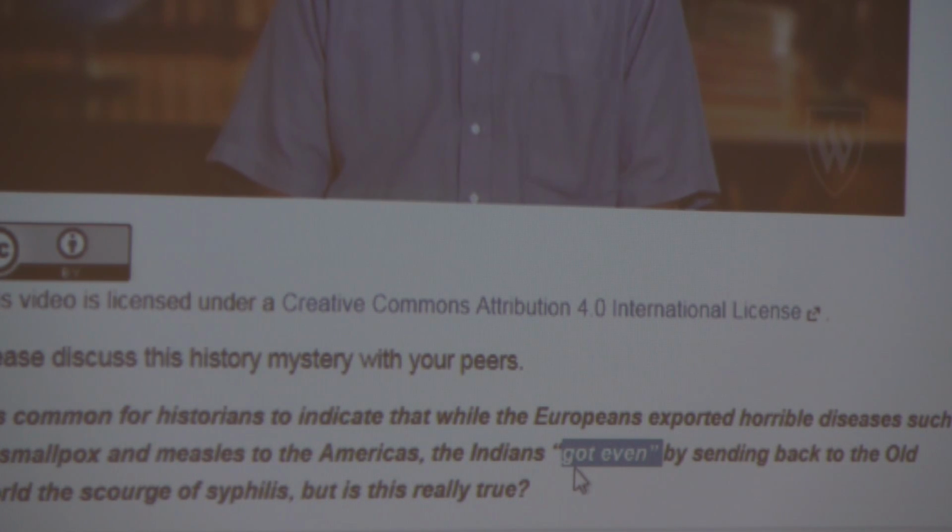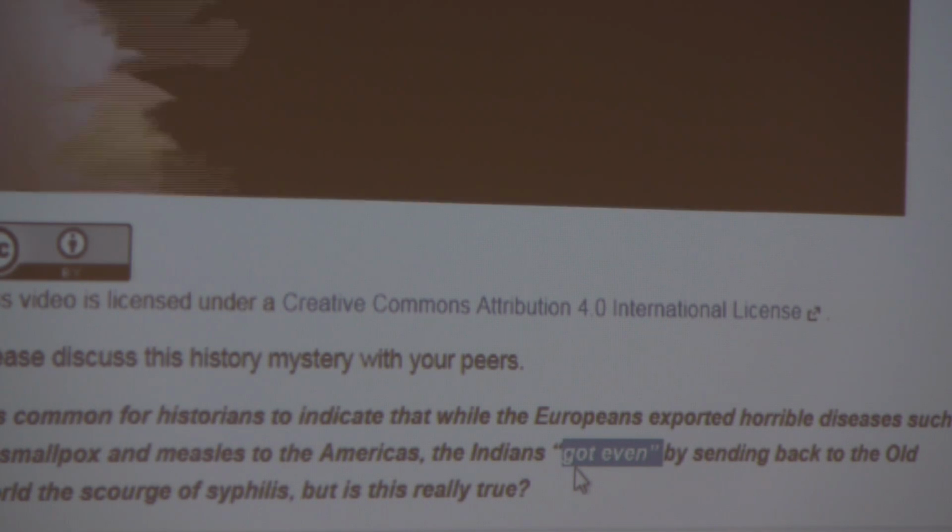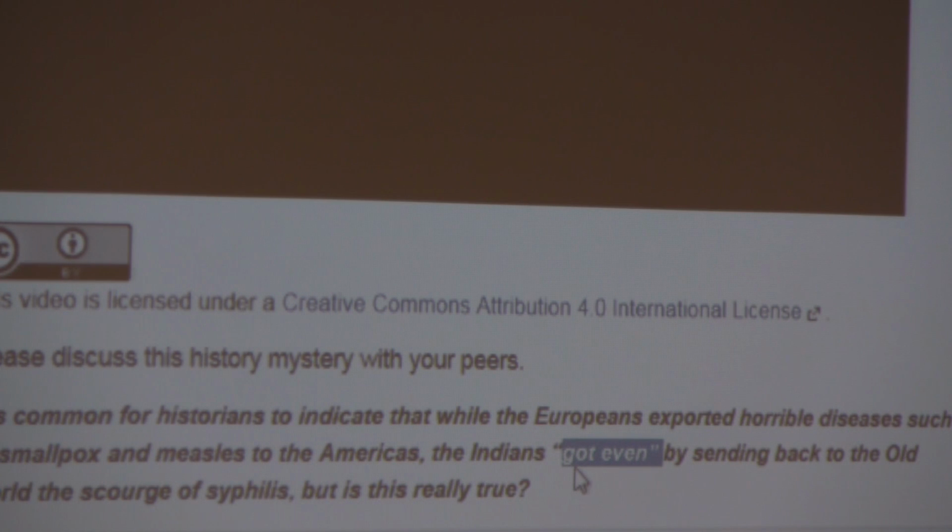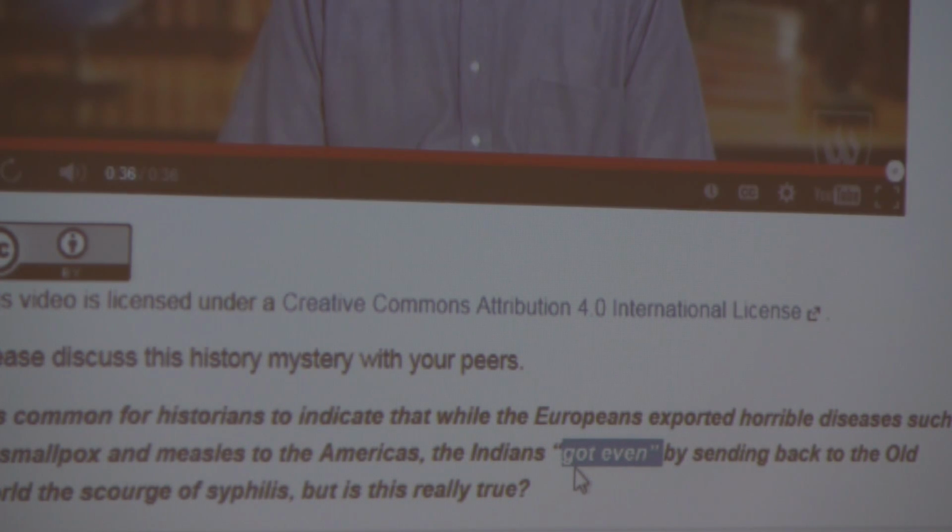You mean that the Indians deliberately gave syphilis to the Europeans? And so we had to watch for things like that. And I came back this morning and said, no, we're saying that that's something to read in history books, that in exchange for measles and smallpox, the Indians gave the Europeans syphilis. Perhaps got even. Trade you, yeah.